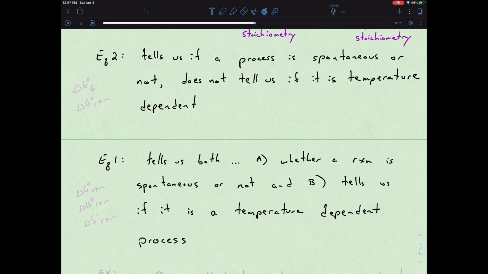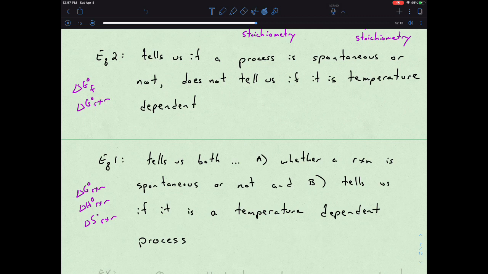So, that's what we're just getting from this idea of delta G's of formation versus delta G of reaction, delta H of reaction, and delta S of reaction.